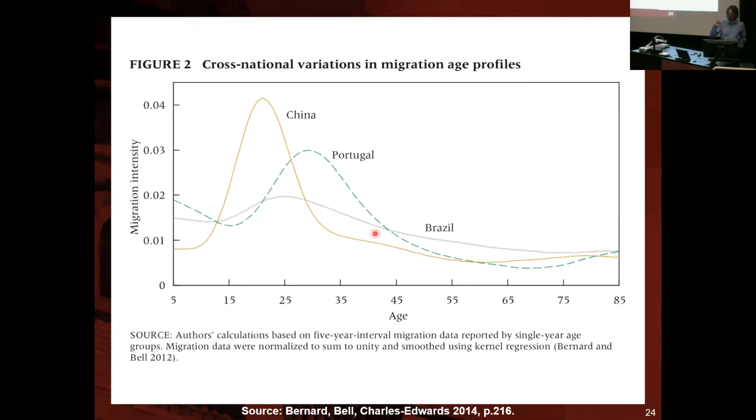And if we look at real data, and this is data from around 2012 for China, Portugal, and Brazil, you will still see those overall shapes, but you see that in some cases these rates are strongly concentrated in specific ages. So I just mentioned to you the case of migration in China, internal migration in China.